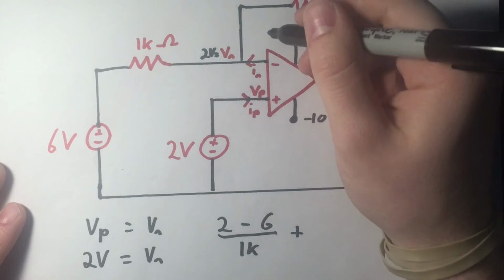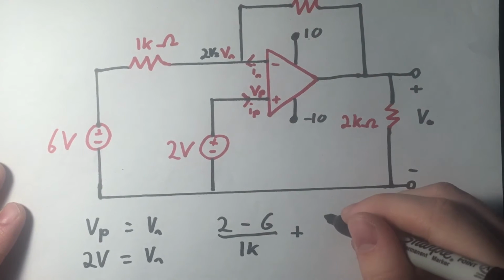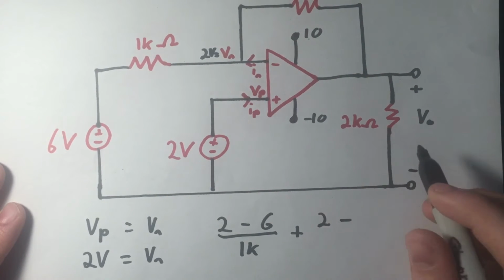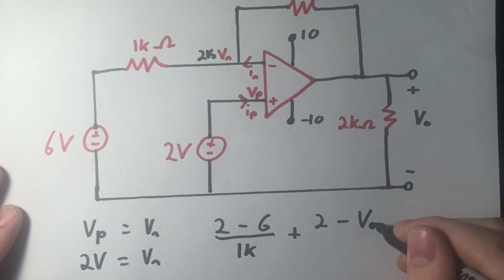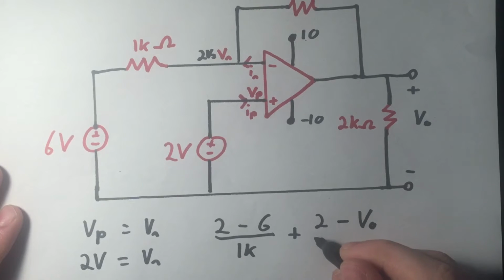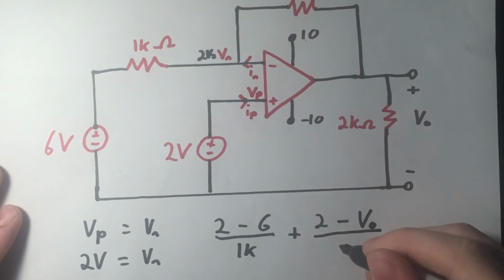Alright, so we are going to have 2 volts minus what we're looking for, the voltage drop here, V naught or V0 or whatever you want to call it, over 4k.